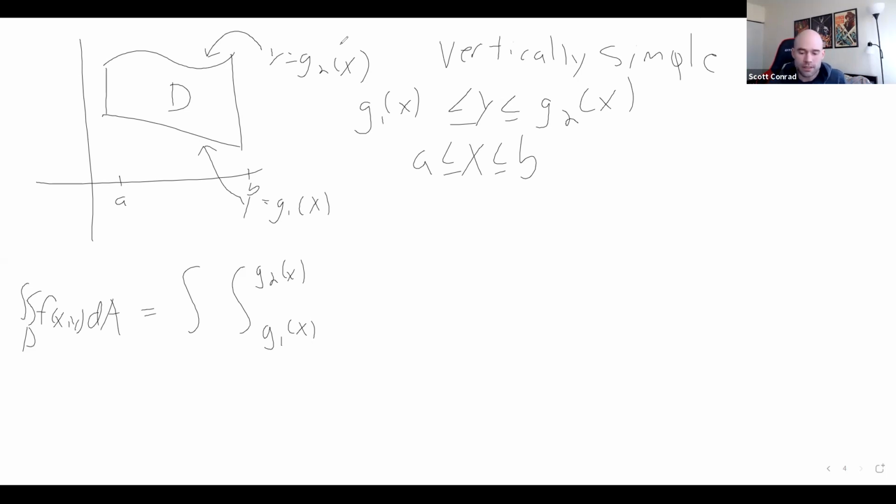The way we do that is first we integrate with respect to the variable bounded by functions, which in this case is y. And then we integrate with respect to the variable bounded by numbers, which is our x. So at the end, we're plugging in numbers and we're going to get a number.